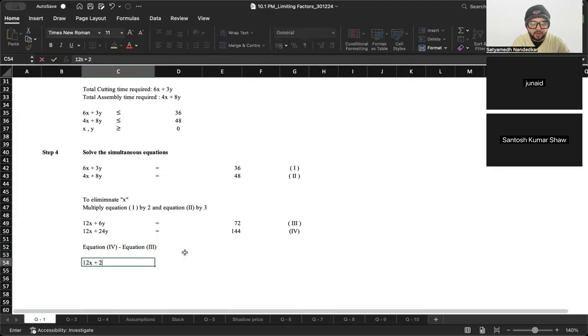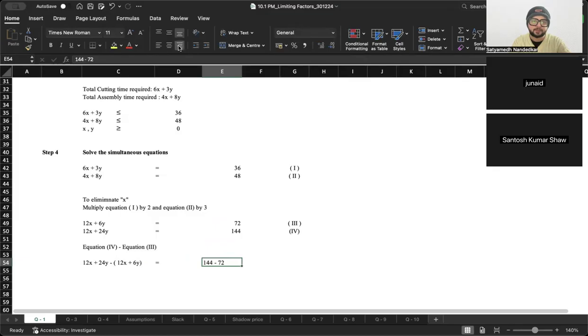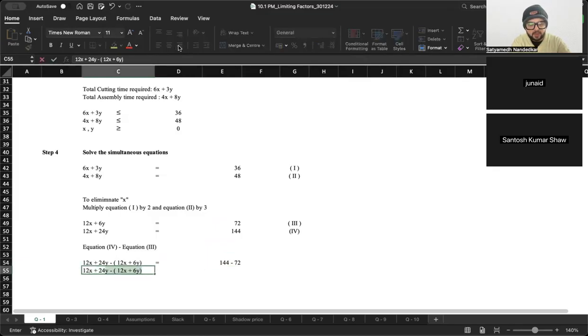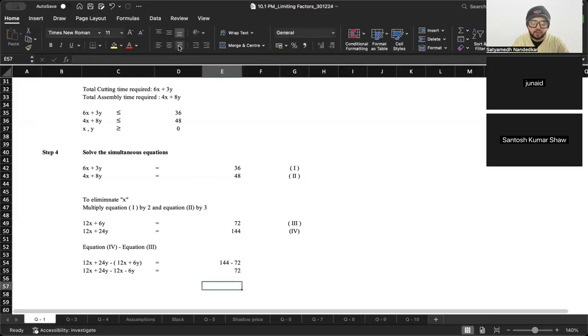12x plus 24y minus, inside the bracket, 12x plus 6y, equal to 144 minus 72. So 12x plus 24y minus 12x minus 6y gives you 72.